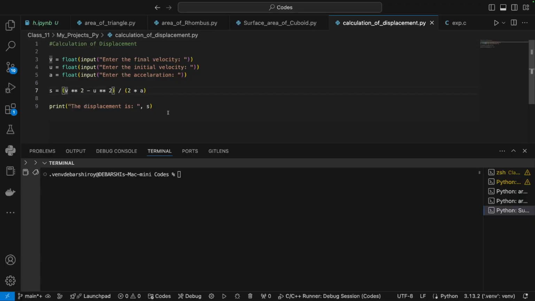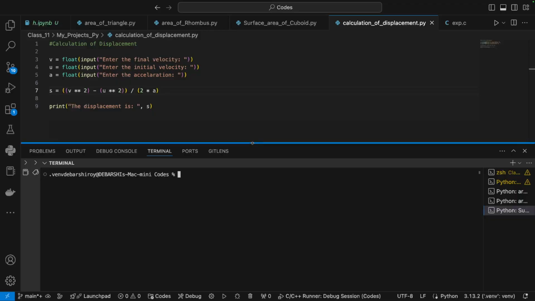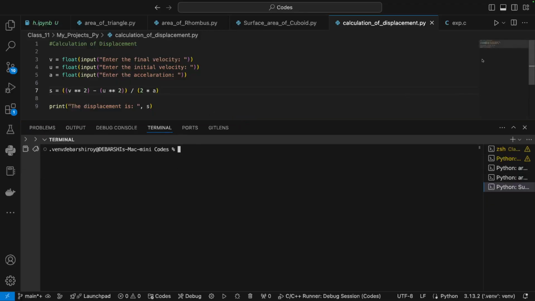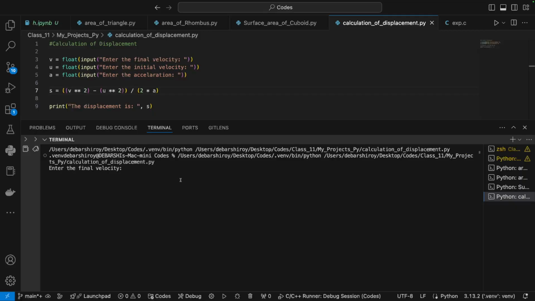You can also use brackets here: V square minus U square divided by 2 multiplied by A, and print the displacement. Take the V value greater than U. Okay, final velocity like 7, initial velocity 2, acceleration 3, and it will give you the output.